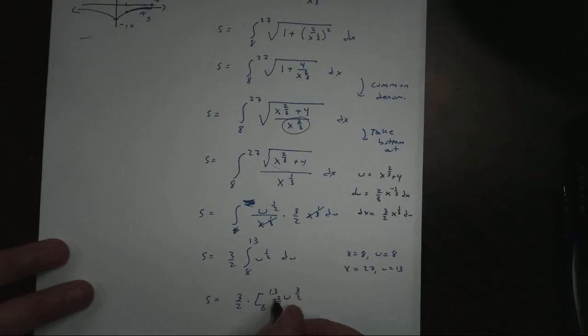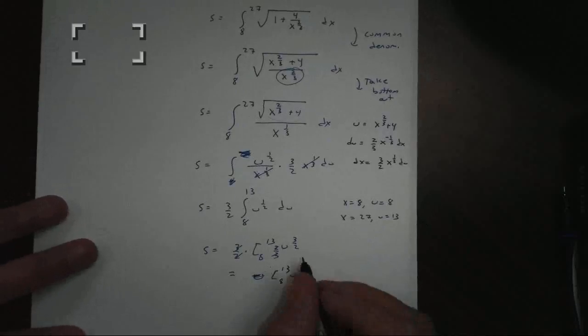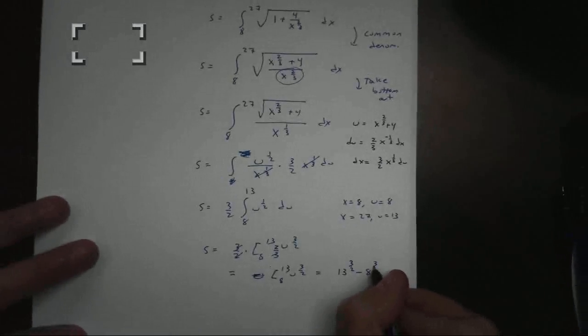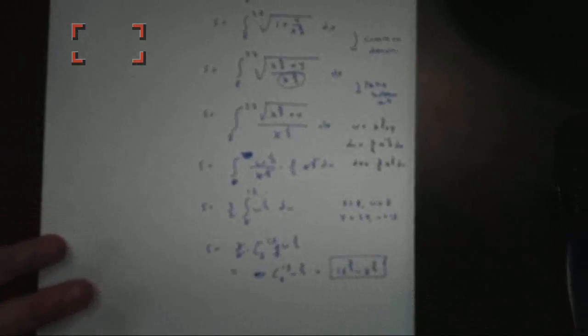Oh, kind of nice. Those are all going to cancel out. So my final answer becomes just the integral from 8 to 13 of u to the 3/2. Applying our FTC, we get 13 to the 3/2 minus 8 to the 3/2. And there's the area under your curve here.